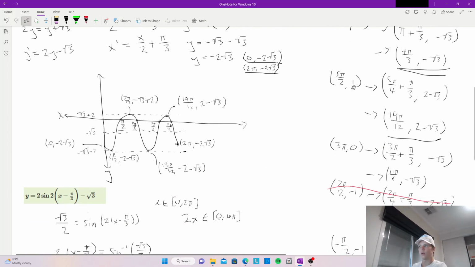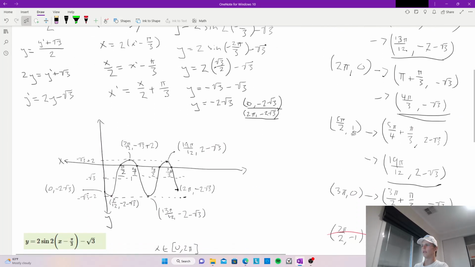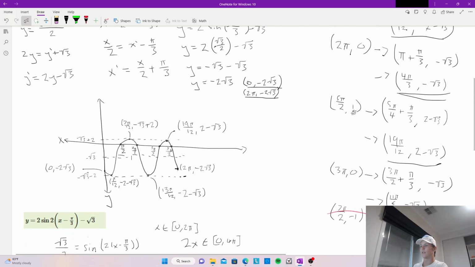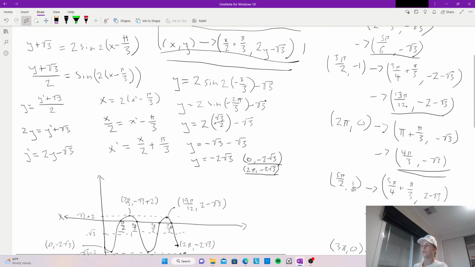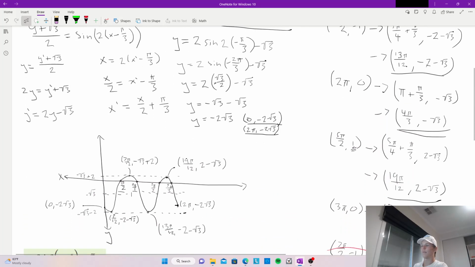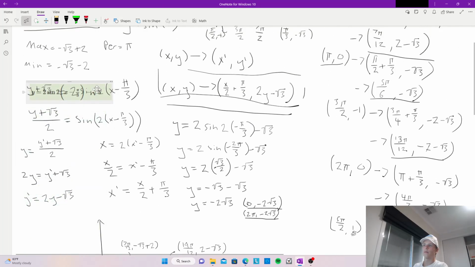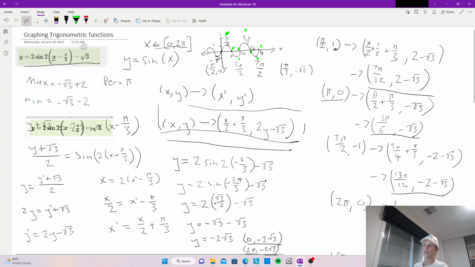I'm pretty sure now that we've made, well, we didn't really make any mistakes, we just wasted an insane amount of time. No mistakes here, we used the translation method, it gave us all the right points, but that's the takeaway. When you see the graph with the vertical translation, know that to find your x-axis intercepts, you just use the normal method.